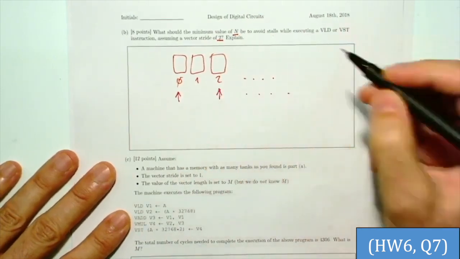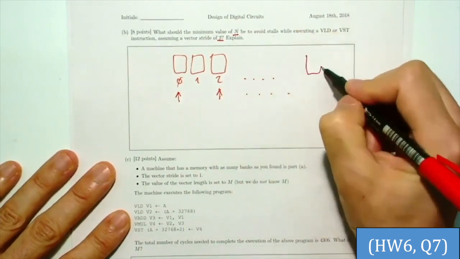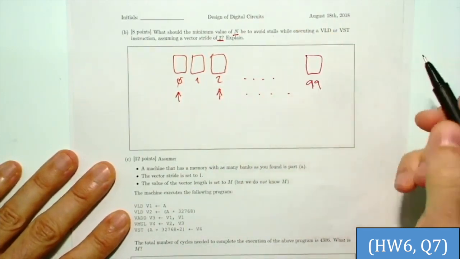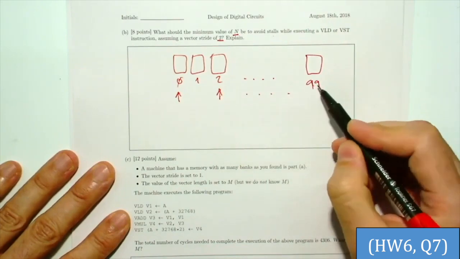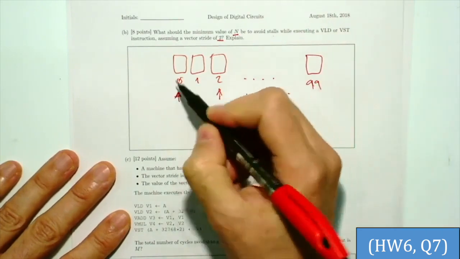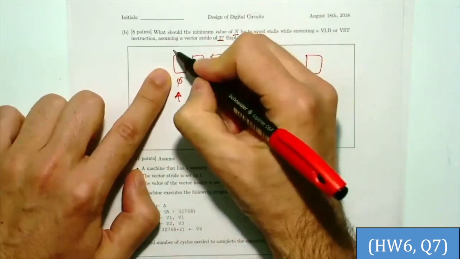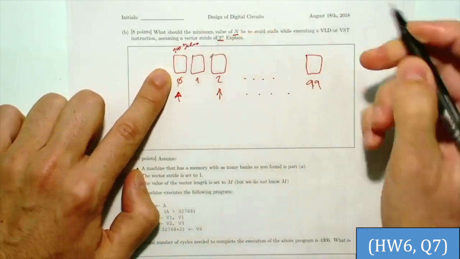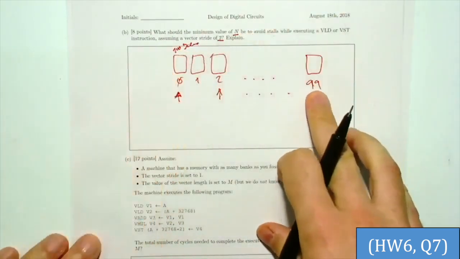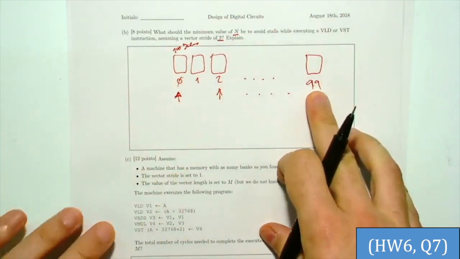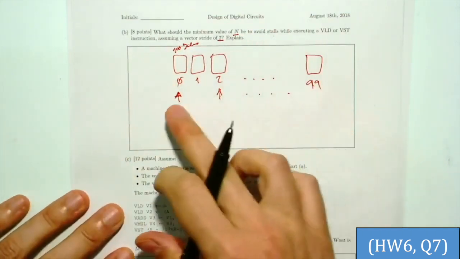If you have 100 banks, as previously, access number 50 will access a bank that will still be occupied because it takes 100 cycles, right? So 100 banks is not enough to avoid stalling the load instructions.